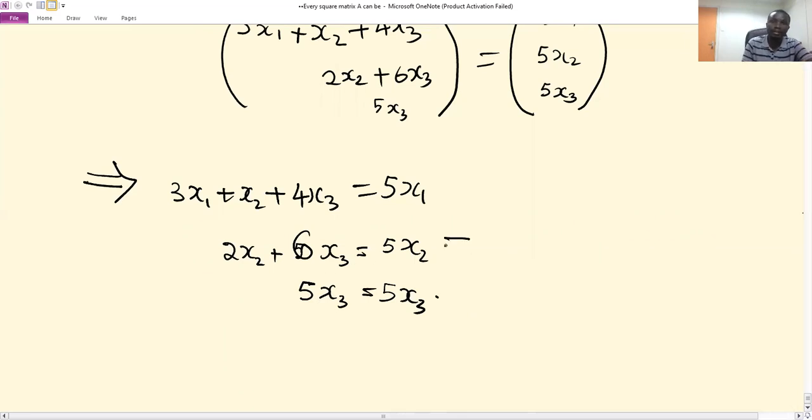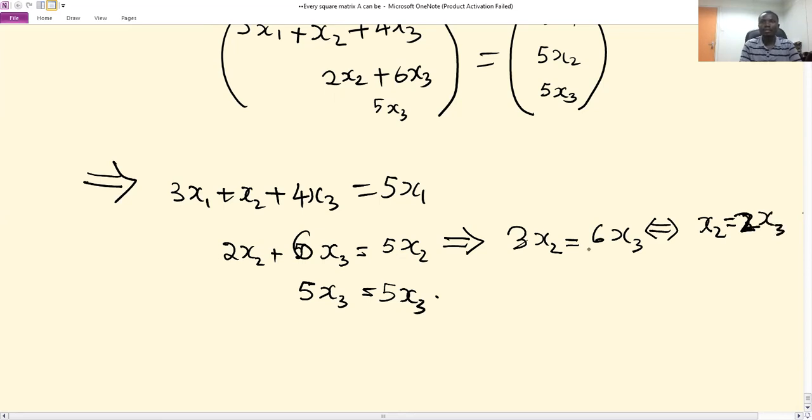And then here, this means that 3x2 is the same as 6x3. Take 2x2 to the right-hand side. So it's the same thing as saying x2 is the same as 2x3 divided through by 3.